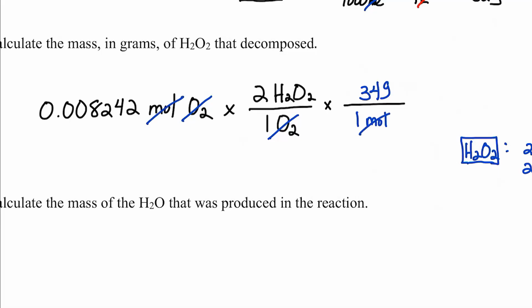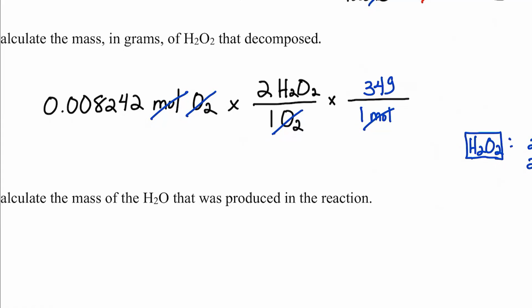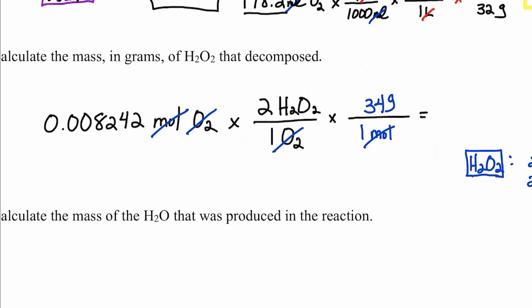Now you didn't have to put it together this way. You could have clearly just timesed your moles of oxygen by 2 and then converted to grams. But I'm going to show you the nice, clean way of using your units. So in any case, take my 0.008242. How about I turn my calculator on? Times 0.008242, times that by 2.